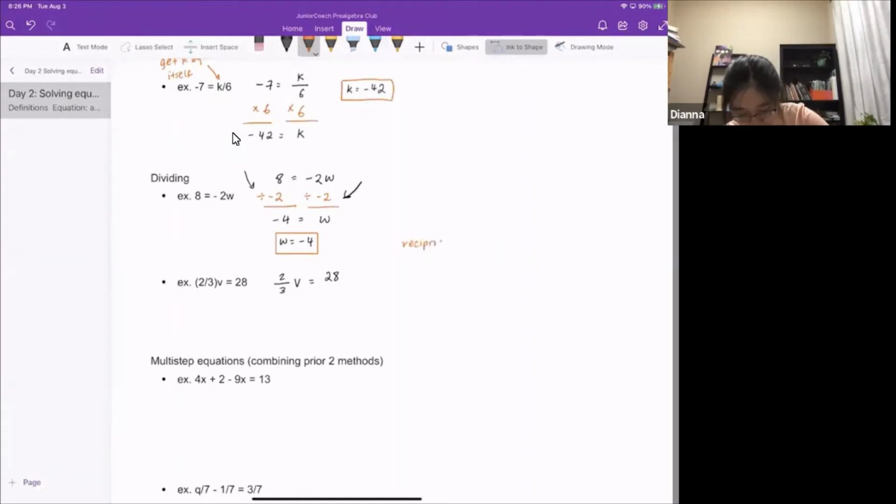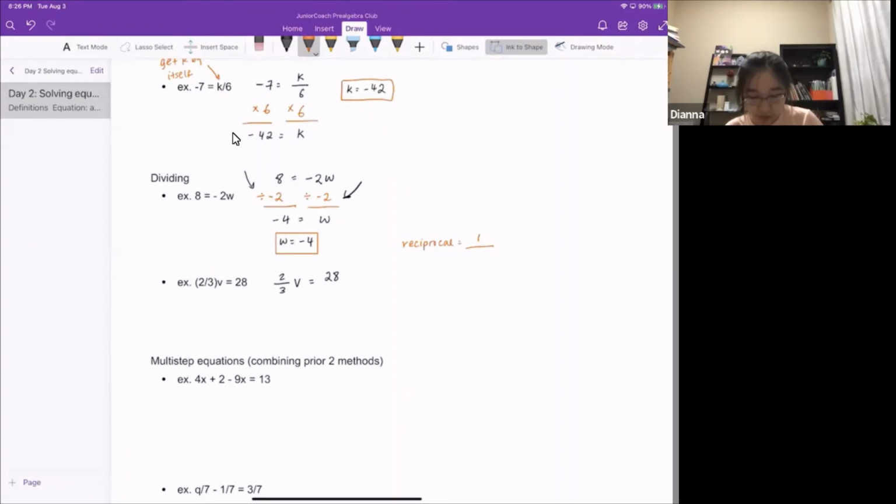And so I'll write it over here. Reciprocal is basically 1 divided by whatever number you're looking for. So the reciprocal of 2/3 is going to be 1 divided by 2/3.